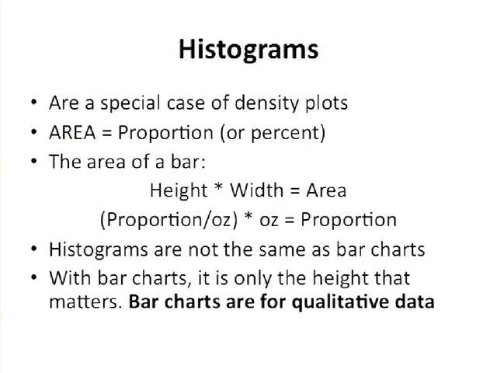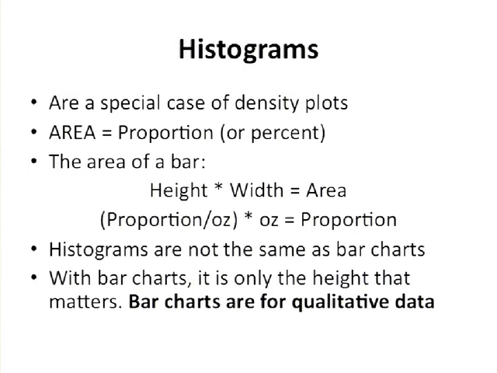So for a density plot or a histogram, the y-axis should be proportion or percent per whatever unit you're measuring on your x-axis. If it's birth weight, it's ounces. If it's height, it could be centimeters or inches, etc.